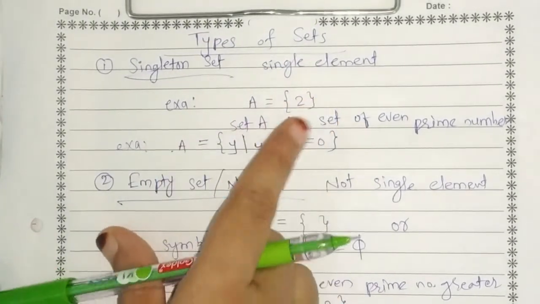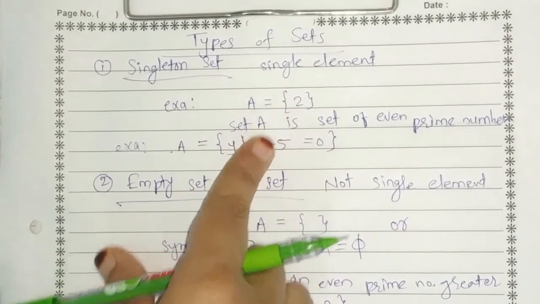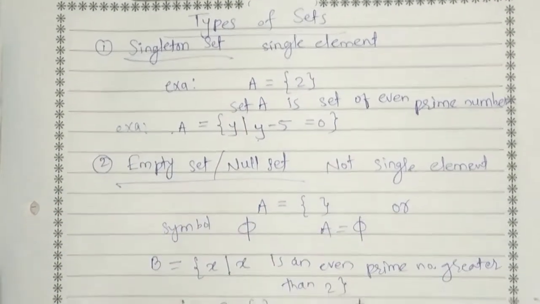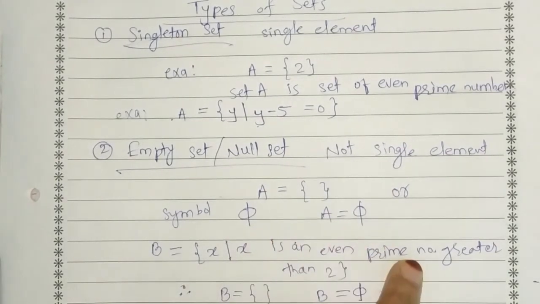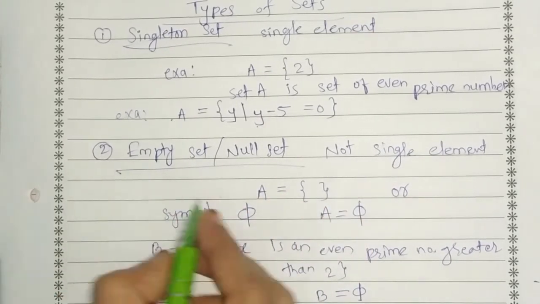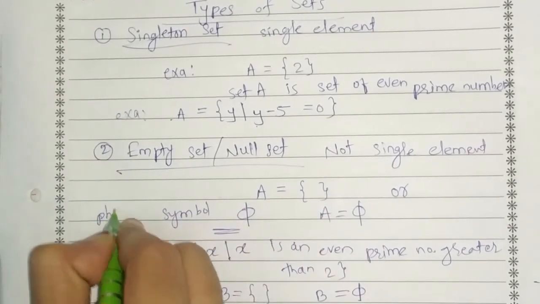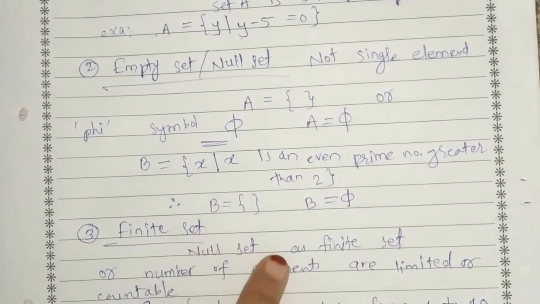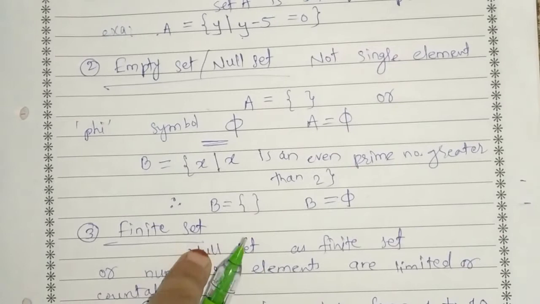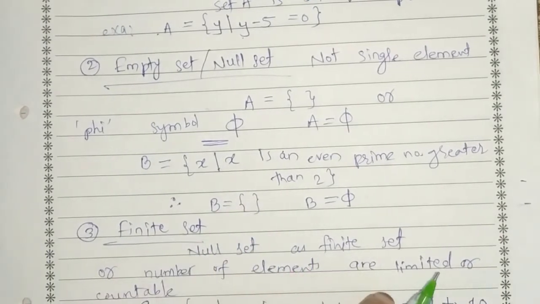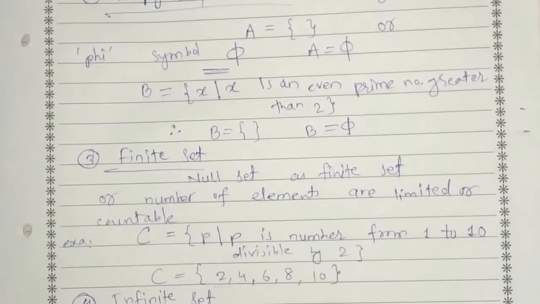Singleton set, where there is only one element in the set. Empty set, where there is no single element which satisfies the given condition. Then you call it an empty set or null set, denoted by phi. This symbol you can call phi. Again we have a finite set, where the number of elements are limited and countable.